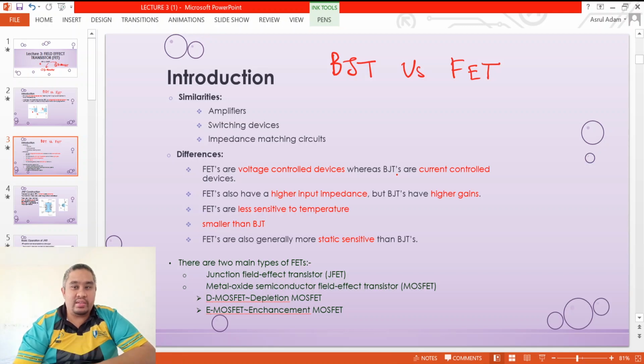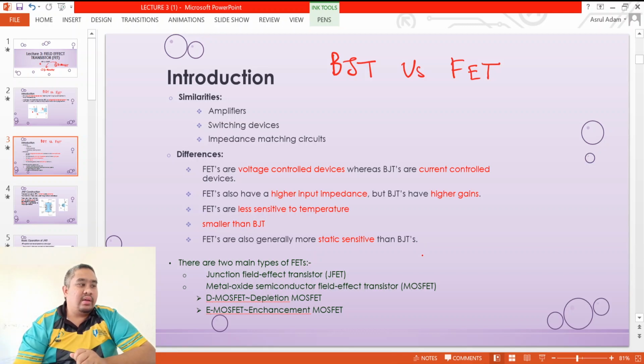FET also has higher input impedance, but BJT has higher gain. FET is less sensitive to temperature, and FET is also generally more static sensitive than BJT.